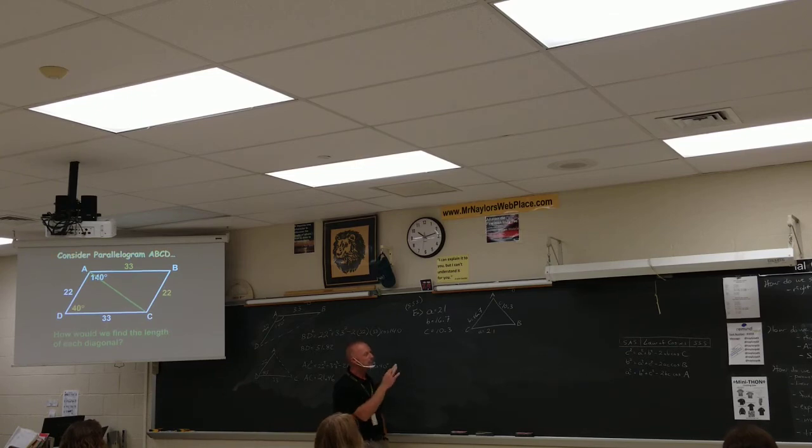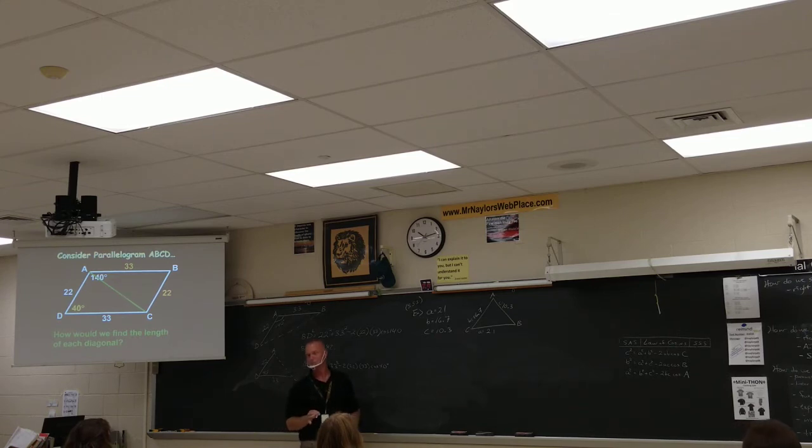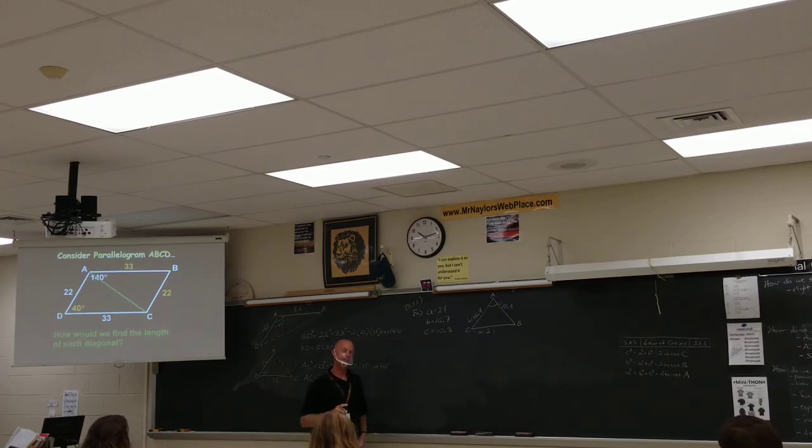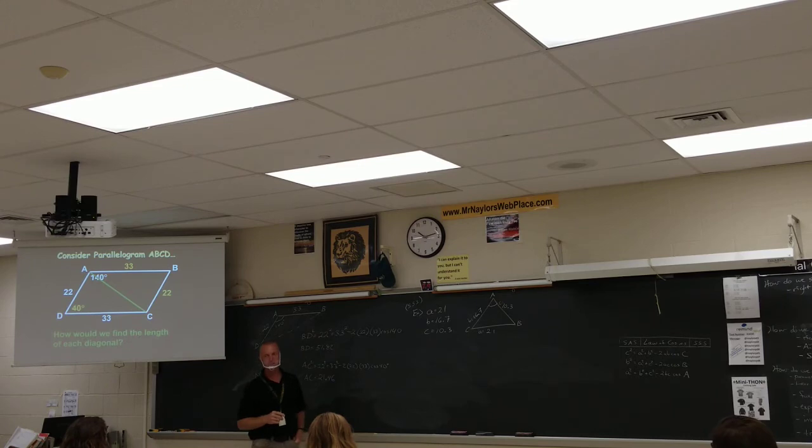Now, it kind of seems like I could find any angle, and on one level, you could, but I'm going to tell you a little secret. If you find the angle that goes with the biggest side, you're going to prevent yourself from creating a no solution possibility.